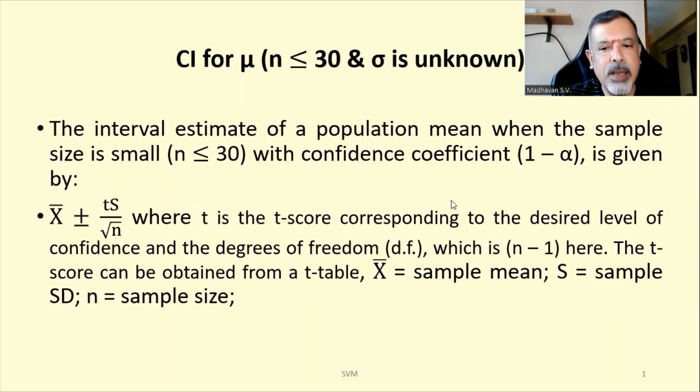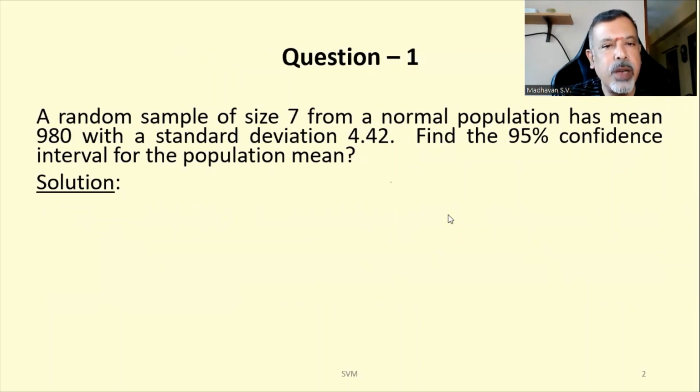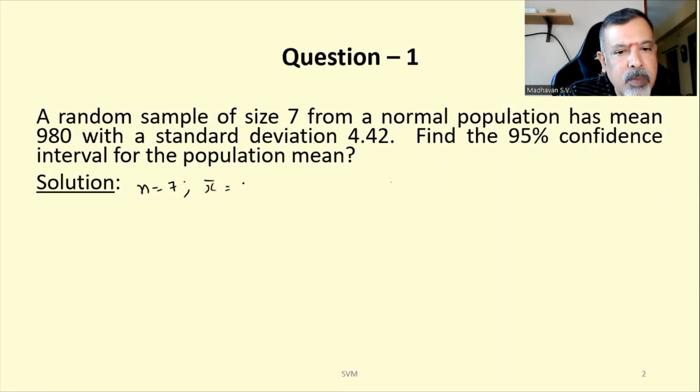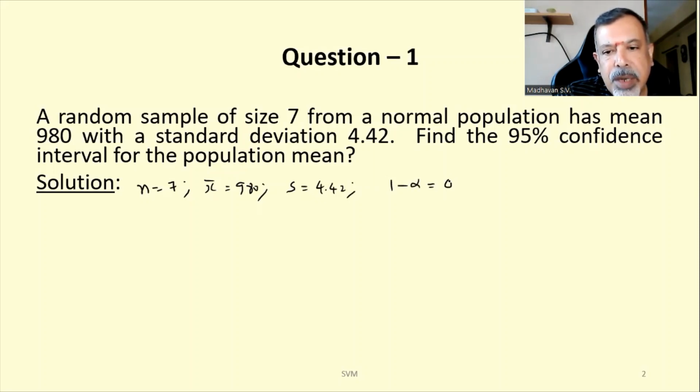To understand this, let us go with an example. Question number 1. A random sample of size 7, which means our n value is 7, from a normal population has sample mean x bar 980, with a standard deviation S of 4.42. 1 minus alpha is given as 95%, which means 0.95, so alpha is 0.05.